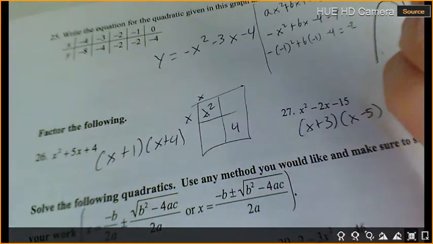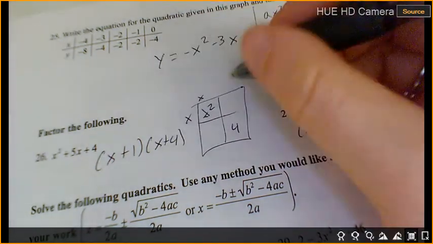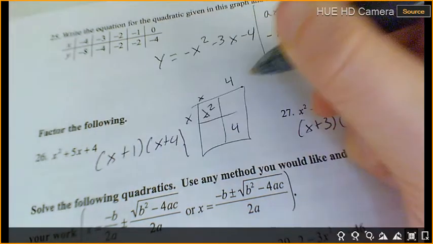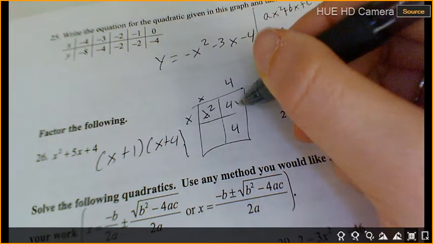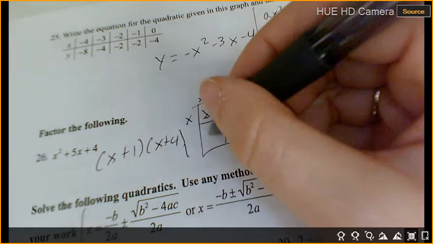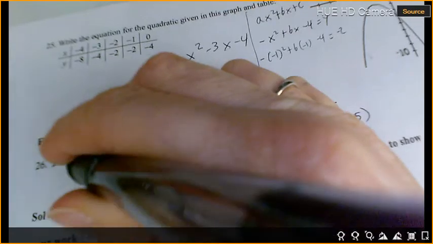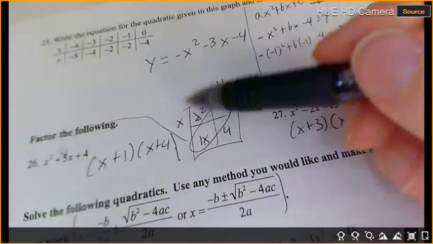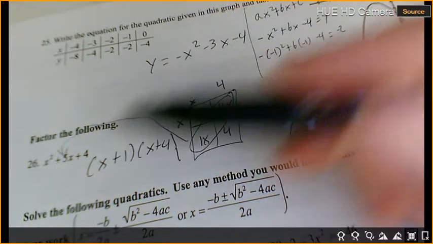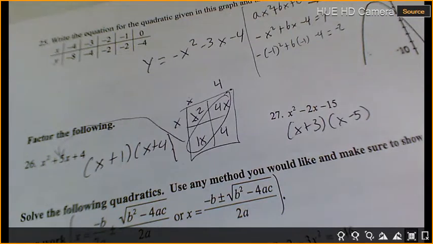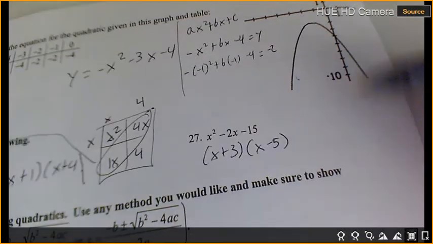What else multiplies to give me 4? 4 times 1. 4 times x is 4x. x times 1 is 1x. These two add up to give me 5x. So then the outside x and 1 and x and 4 go right there. Okay. Should I do 27 too? Like that? Okay.